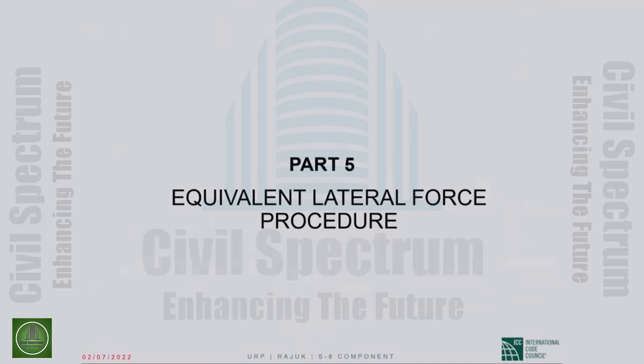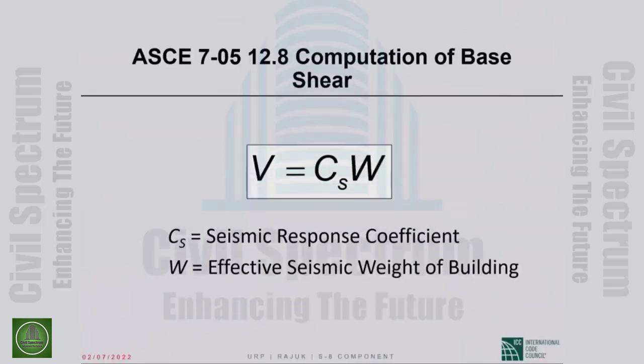Okay. Now we start getting into the equivalent lateral force procedure. ASCE 7, in ASCE 7, the design base shear V is this coefficient C sub S, seismic response coefficient, times the effective seismic weight of the building.